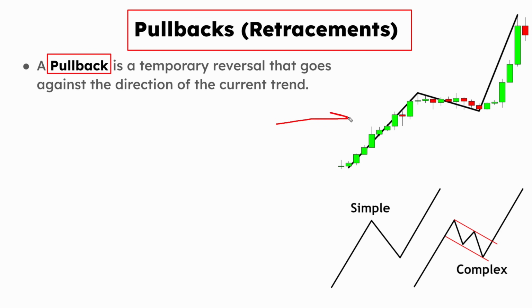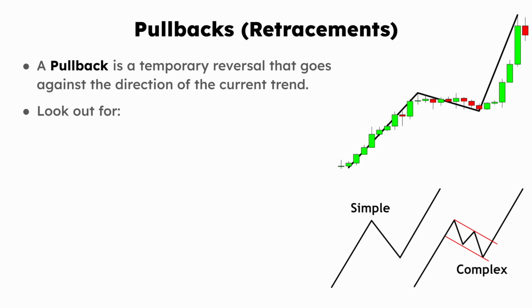If we look at this image right here, we can see that we had an impulsive move, a move that goes in the same direction of the trend. Then right here, we saw a brief pause in the trend. This right here is our pullback.